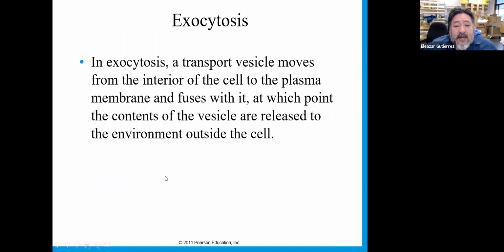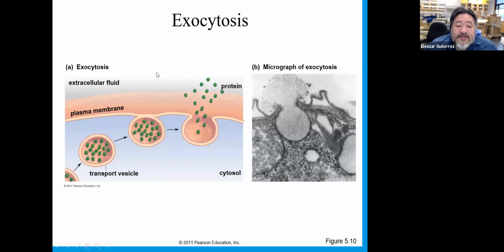Okay, and here we go. So here we have the author's illustration, and here we have an electron micrograph showing the same thing. Okay, so this is exocytosis, and you have a transport vesicle, and this is not happening randomly, right? You should know by now this is not happening randomly.